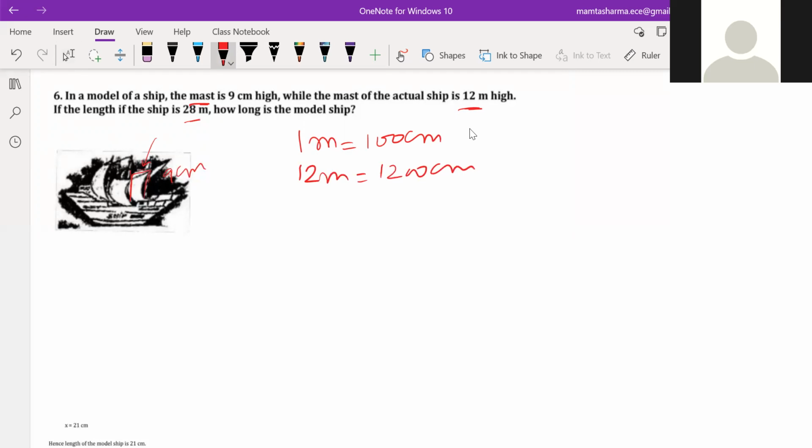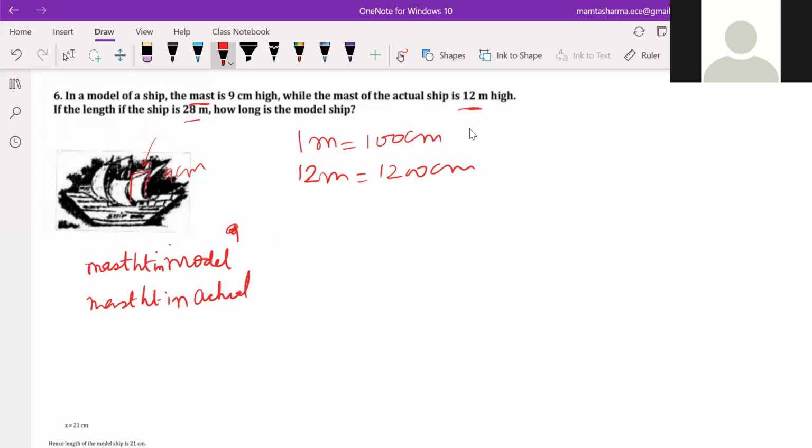So the height of mast in model and mast height in actual are the two things.